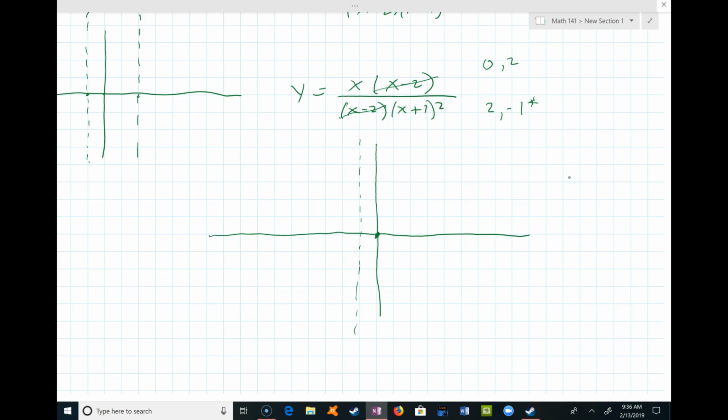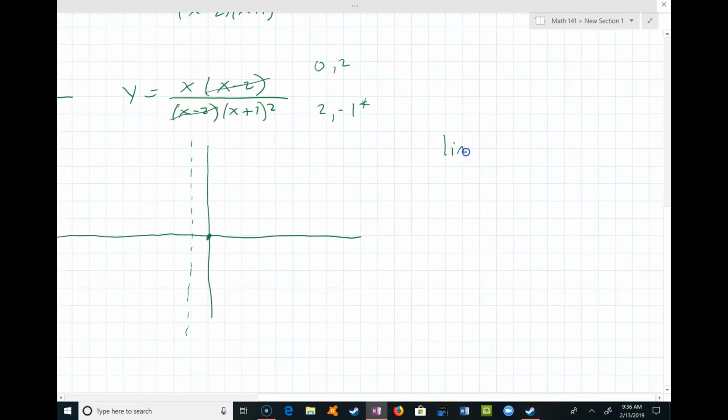So we'll hop over here and say, what's the limit as x approaches 2 of x times x minus 2 over x minus 2 times x plus 1 squared? So that means x is approaching 2. What this means is I'm asking what happens to this expression as x approaches 2, not when x equals 2, but as x approaches 2.